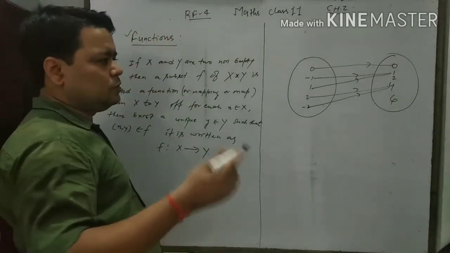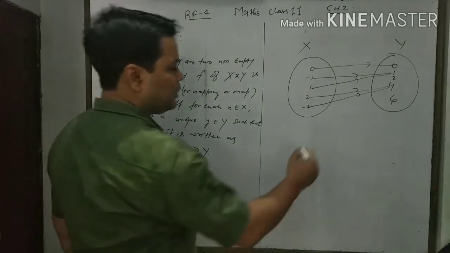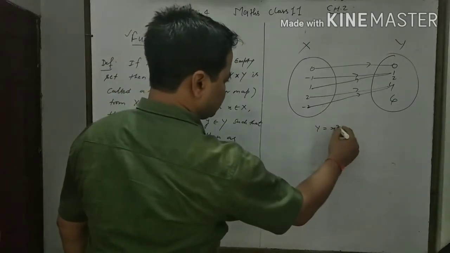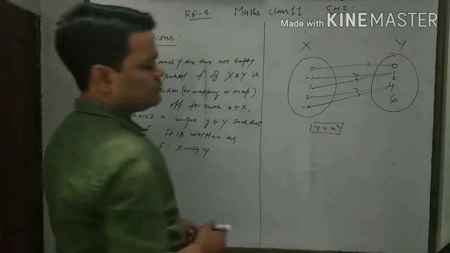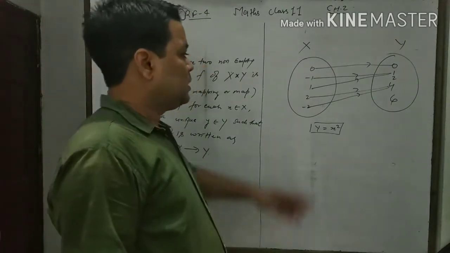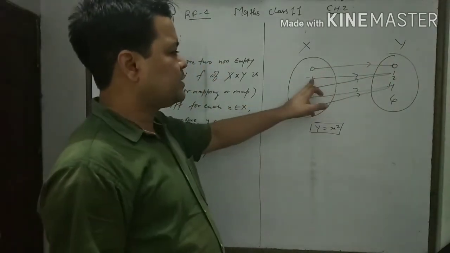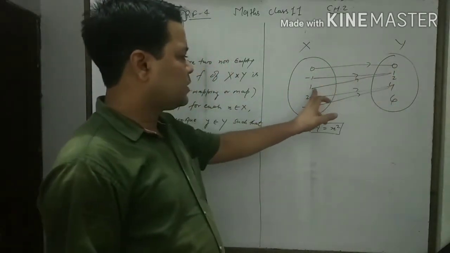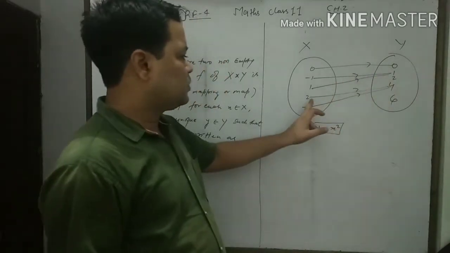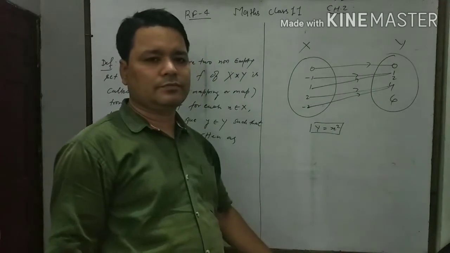Here I want x and y, where y is equal to x square. This is the rule of the relation. Square of 0 is 0, square of -1 is 1, square of 1 is 1, square of 2 is 4 and square of -2 is also 4.